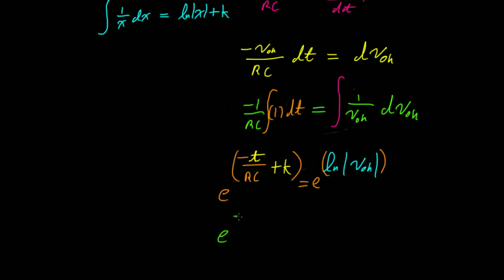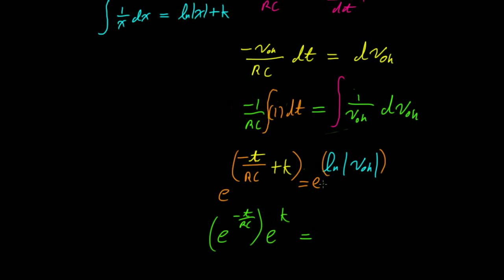When I add two things in an exponent, it's the same thing as multiplying. So e to the minus t over RC plus k can turn into e to the minus t over RC times e to the k. So that's going to be our left-hand side.